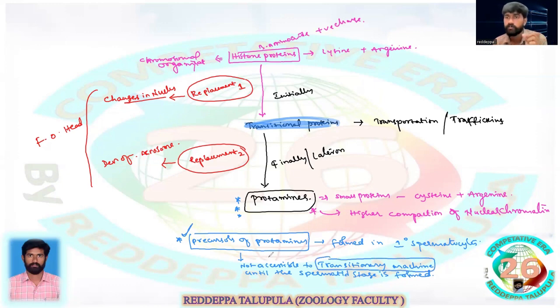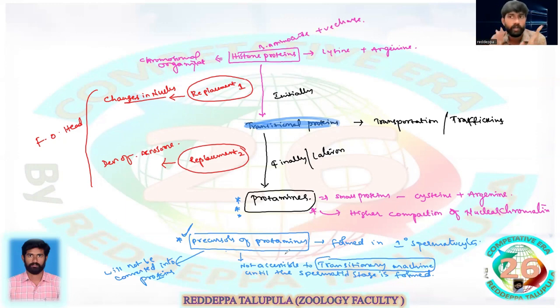Thus, these precursors will not be converted into proteins. Whenever the spermatid is formed and spermiogenesis starts, at that time these precursors of protamines will be accessible to the transitional machinery, and thus the formation of protamines takes place.